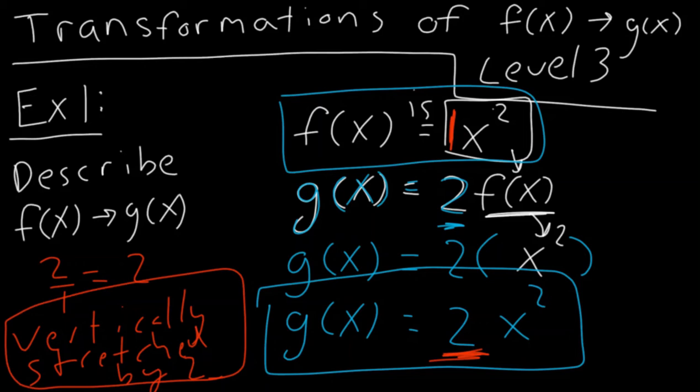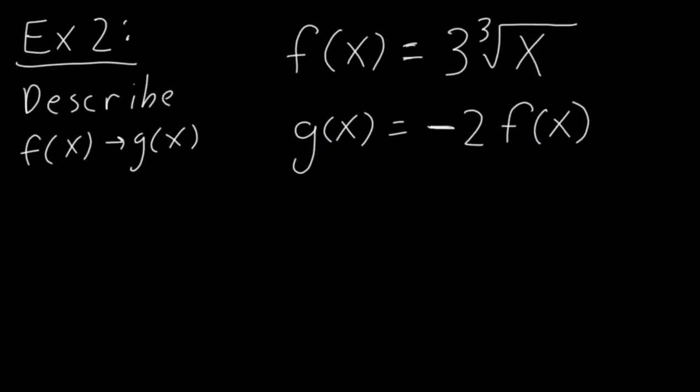Alright, let's move to our second example. Okay, here in example 2, we want to describe the transformation of f of x to g of x when we see that f of x is equal to 3 cube roots of x, or 3 cubic roots of x. My apologies. Now, g of x, let me go ahead and write in our blue, as I have been doing, is equal to negative 2 f of x, and I'm leaving f of x in white once again to illustrate what parts of that function are g of x versus what parts are f of x.